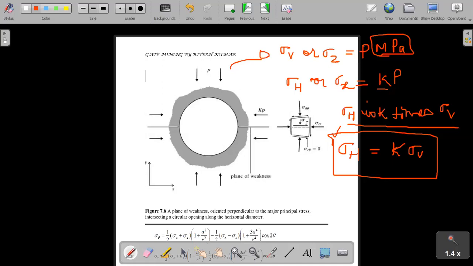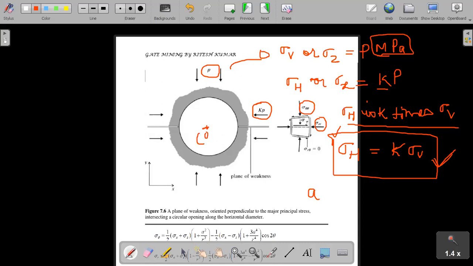To understand the formula, just assume sigma h equal to k sigma v. Means if sigma v or vertical stress is p, then sigma x or horizontal stress is kp, and you have to find the sigma r, sigma theta and tau on any distance from the origin.